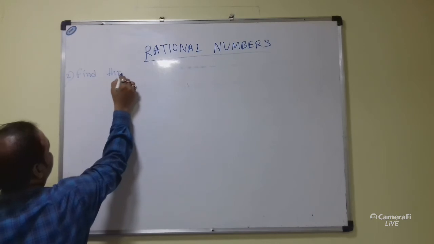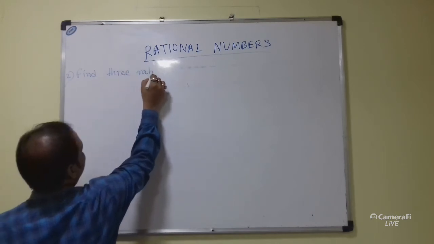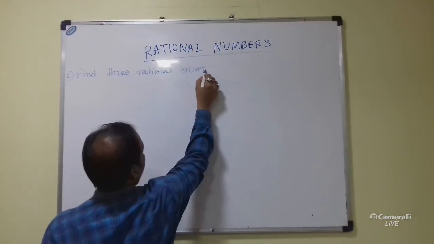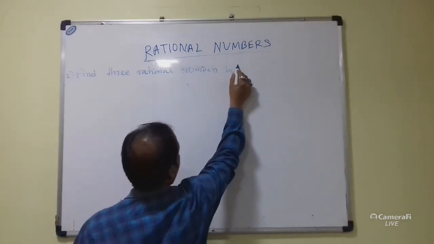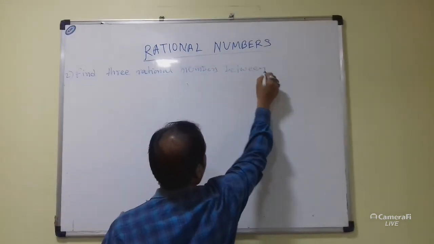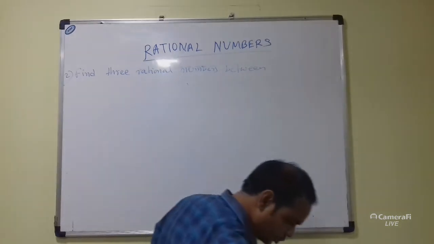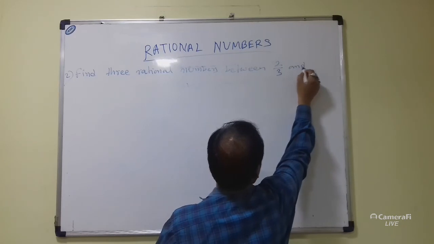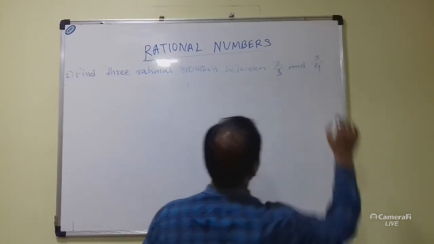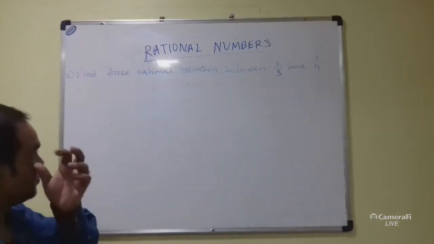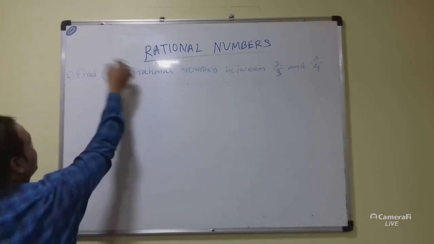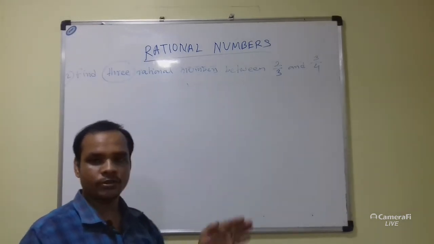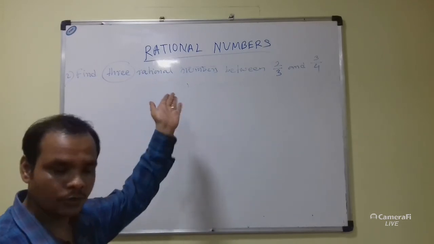Find three rational numbers between 2 by 3 and 3 by 4. We have to find three rational numbers. So here we have to find more than one rational number. So we cannot use the previous formula.